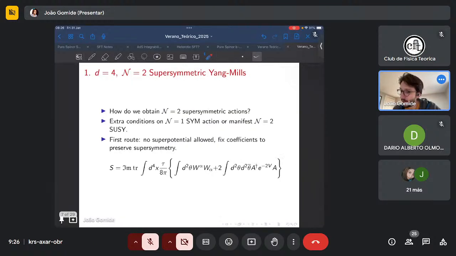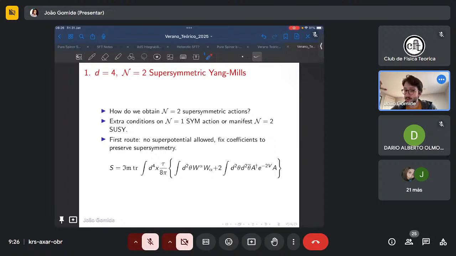Okay, so now we go to the question of how to write an action for this theory which respects N=2 supersymmetry. We can either take what we know for usual N=1 supersymmetry and try to adjust the theory so that things conspire and work, or we can make N=2 supersymmetry manifest from the get-go.